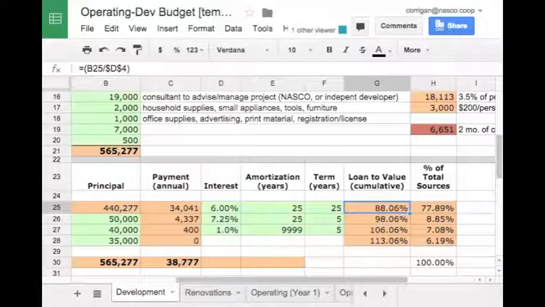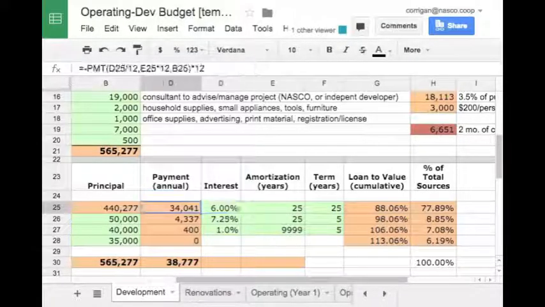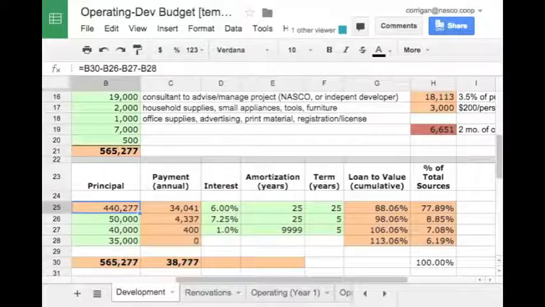Most commercial lenders will require 80% loan to value, 70% loan to value, sometimes even 60% loan to value, depending on the project. Right now we're at 88, which is probably too high for what a traditional bank or credit union would be willing to cover on their first loan. It's too big of a loan for the value of the property. We'll see how we can play with that a little bit later here.